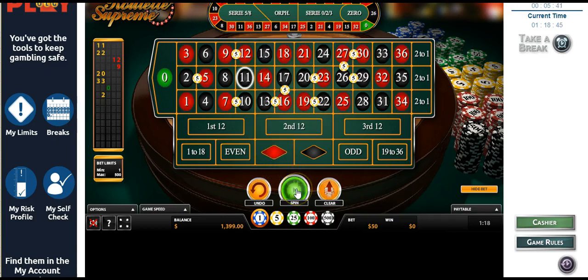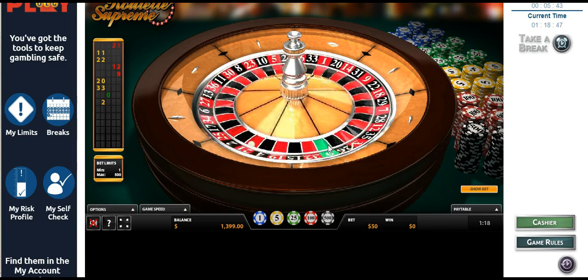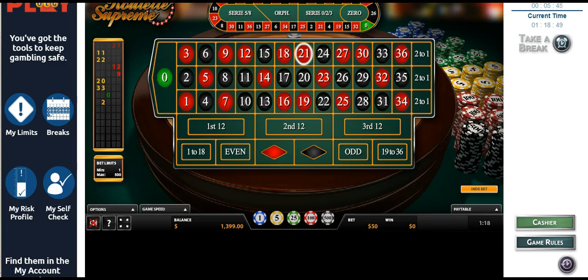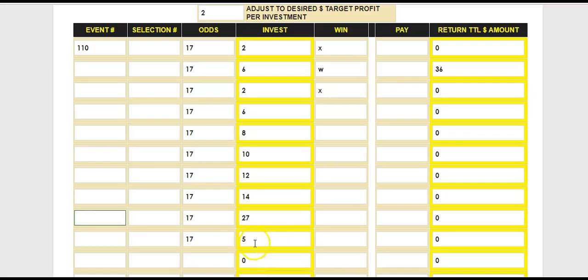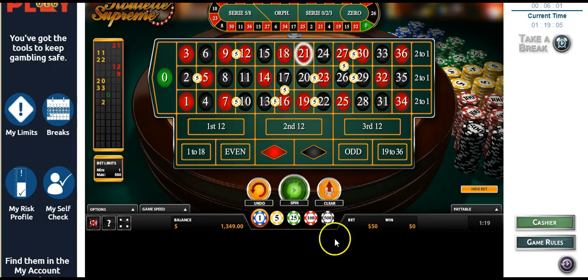Your bet's 50. And after this, mathematically speaking, you should be okay after this. So let's put the 50 in. Here we go. 50. And now we should be in okay shape.